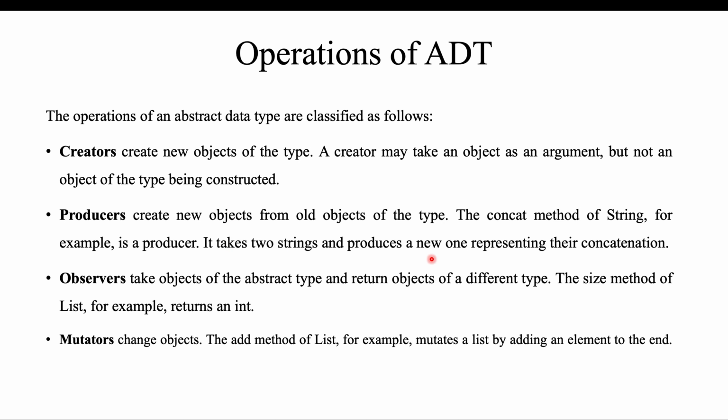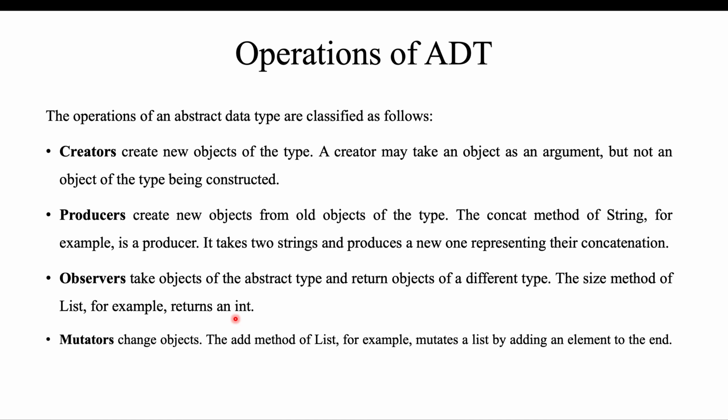It takes two strings and produces a new one representing their concatenation. Observers are the third operations associated with abstract data types, and they take objects of the abstract type and return objects of a different type. The size method of list, for example, will return an int.